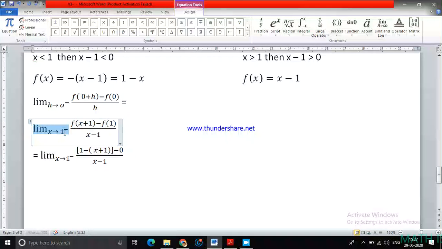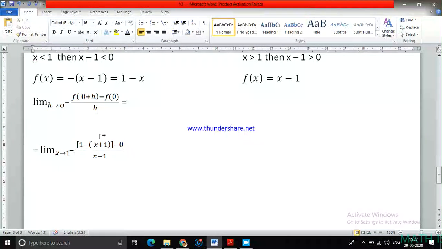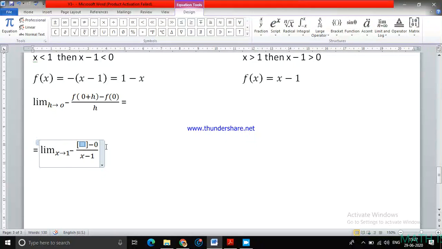I think you can skip this step. Here you have to make the changes. 0 plus h means 1 minus h will come, and f of 0, if I put f of 0, is going to be 1, minus 1 upon h. The denominator will remain as h only.